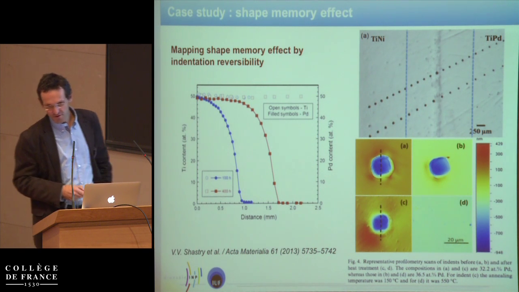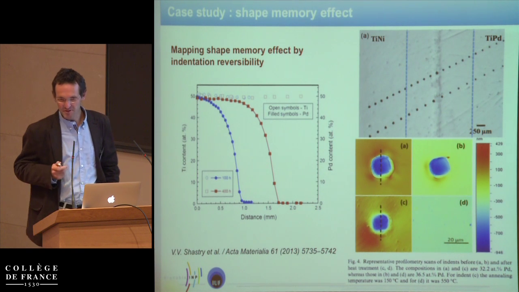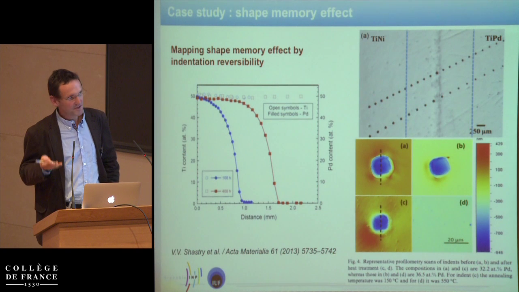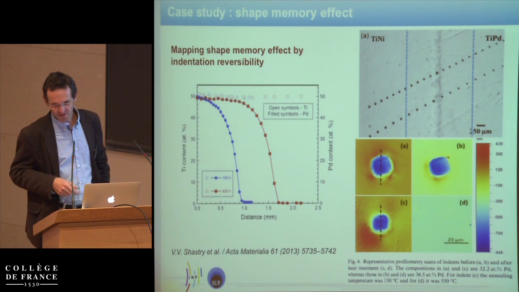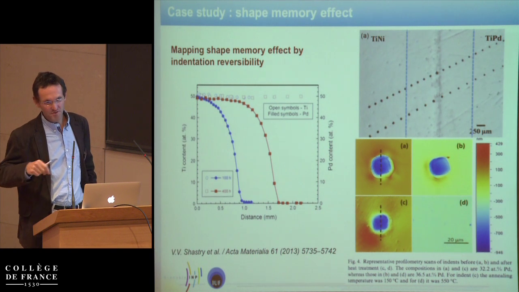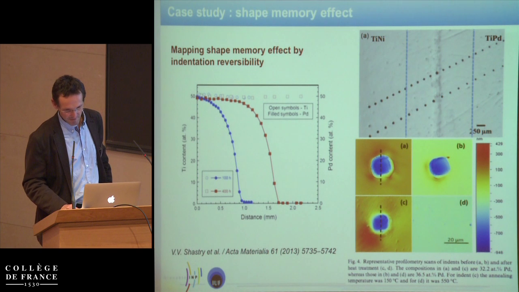And then to map the shape memory effect, you do indentations, and then you do a heat treatment. During the heat treatment, if you have the shape memory effect, the indentation disappears. So if you map the indentation before and after heat treatment, you get the percentage of reversibility, and you get the shape memory effect. And this you can map as a function of composition.